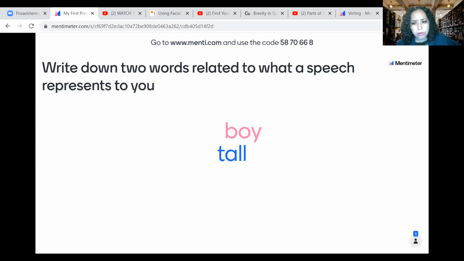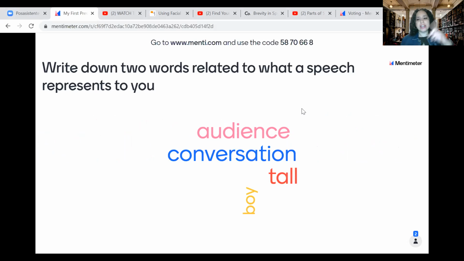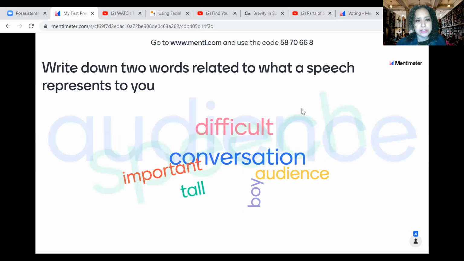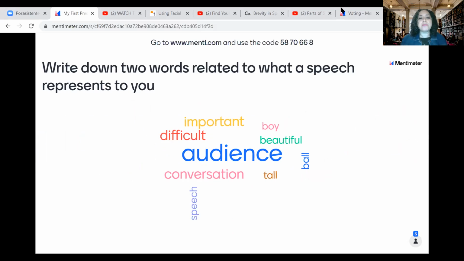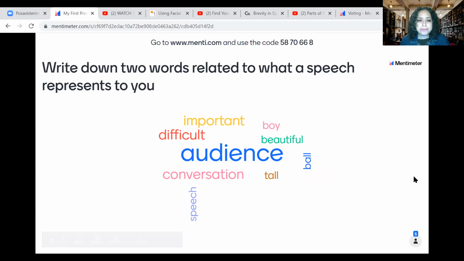It's telling me that only one person answered and it didn't answer nothing related to speech. Okay, good. Now I have another person that answered audience and conversation. Good. Because niño y alto no tiene relación con un discurso. Sorry, but that was a person that didn't understand the instructions. Good. Are you able to see the answers? I'm showing them to you through Zoom.